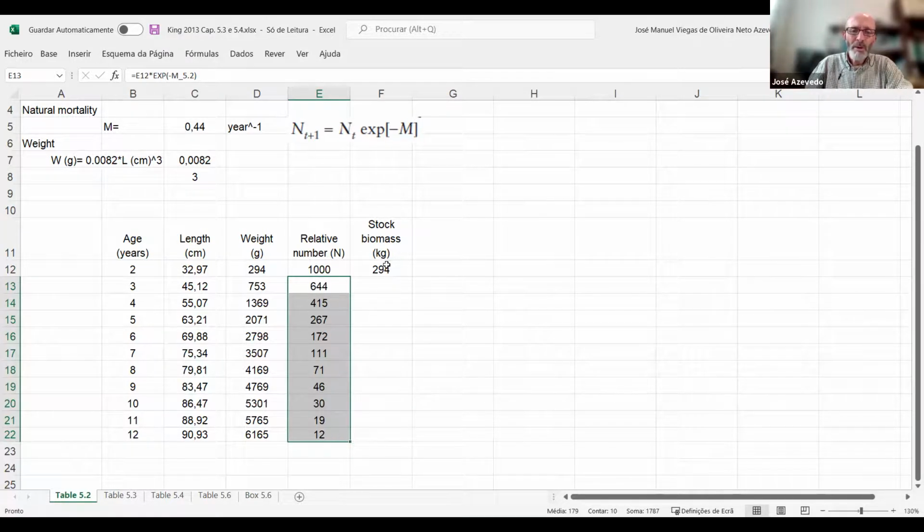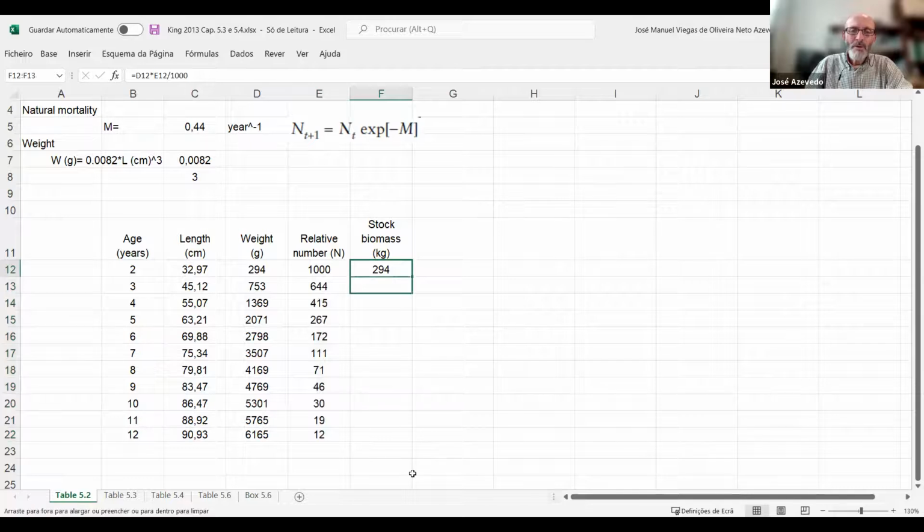And of course, the stock biomass increases from year 2 to year 3, although the number of individuals has decreased from 1,000 to 644, because they're much heavier. The stock biomass almost doubles, right?